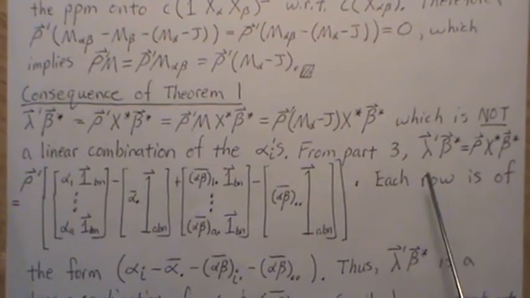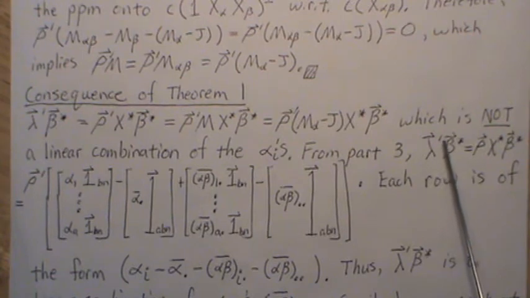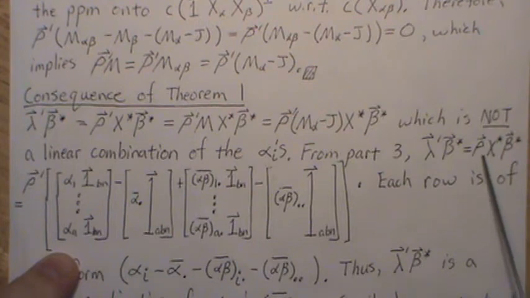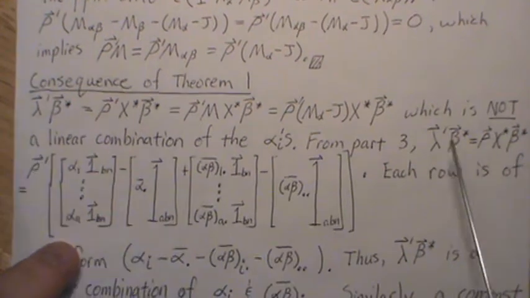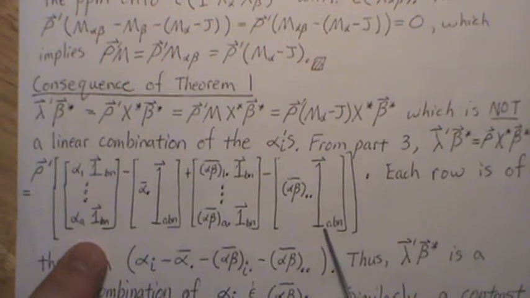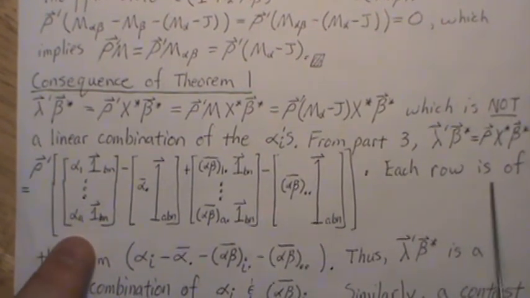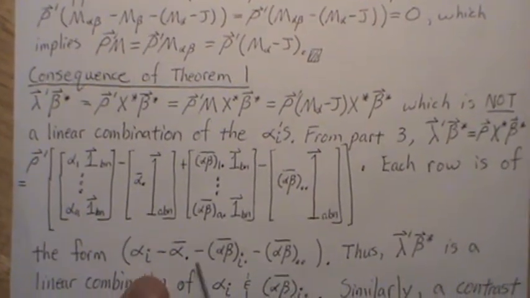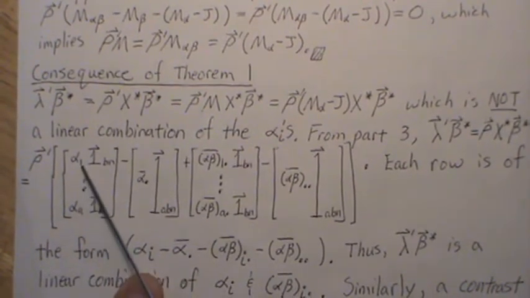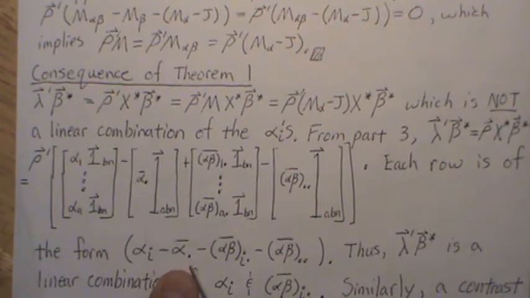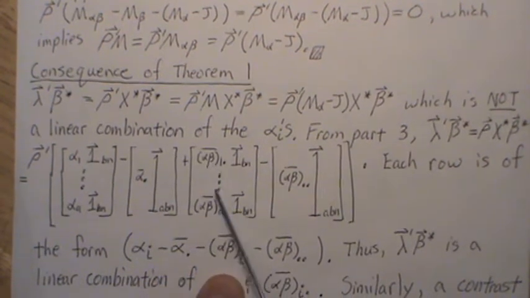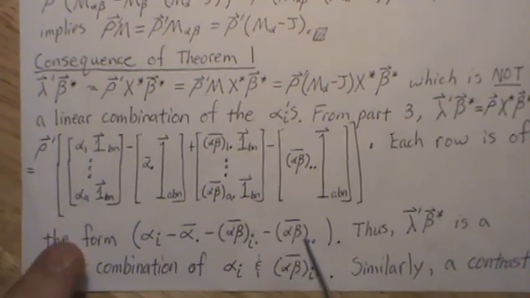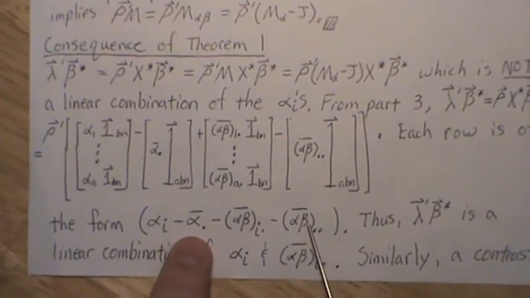So from part 3, we showed this. So lambda transpose beta star, which is equal to this. If we look at just this X star beta star, it's this right here. Right? So each row of this setup is an alpha i, plus, or minus a constant, plus one of these terms, minus this constant. Since these are constants, they're not indexed.